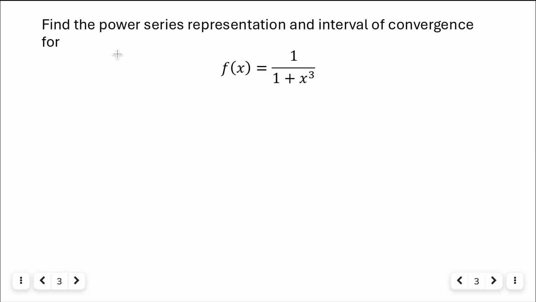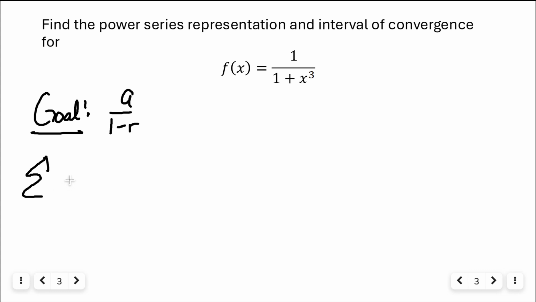So let's try to find the power series representation and interval of convergence for f of x equals 1 over 1 plus x cubed. All right, so again, the goal is to get this function in this form, a over 1 minus r, because then I can convert that to a sum of a times r to the n power.